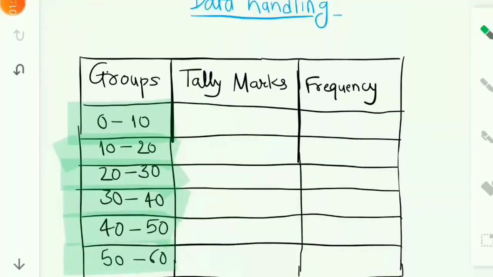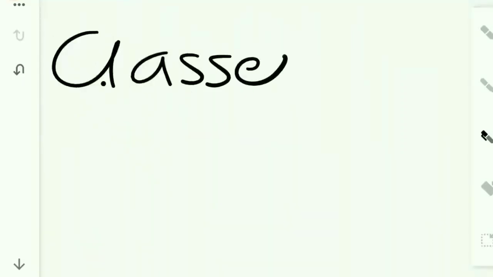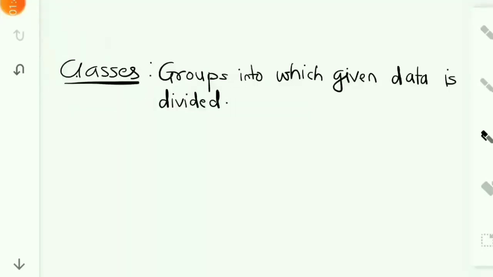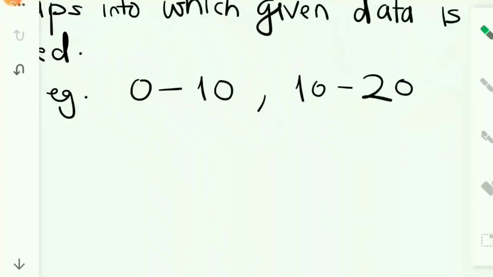We have grouped the marks in these classes, 0 to 10, 10 to 20. So classes are basically groups into which given data is divided. For example, 0 to 10, 10 to 20.